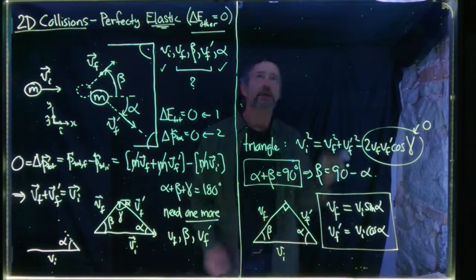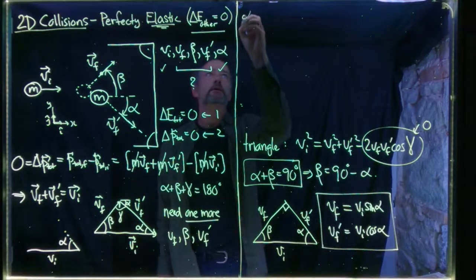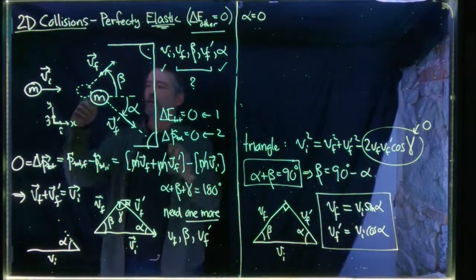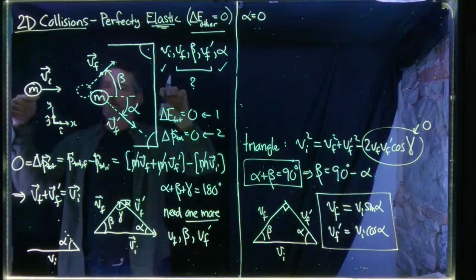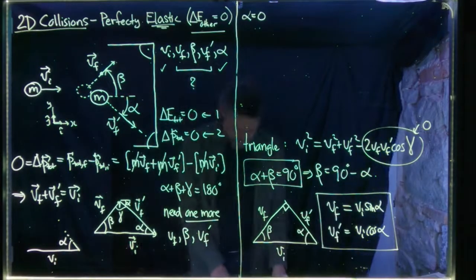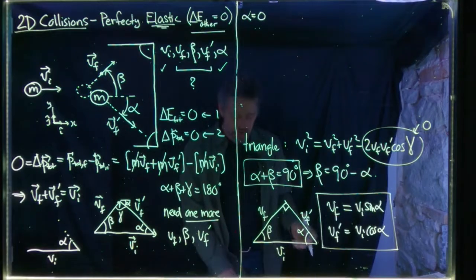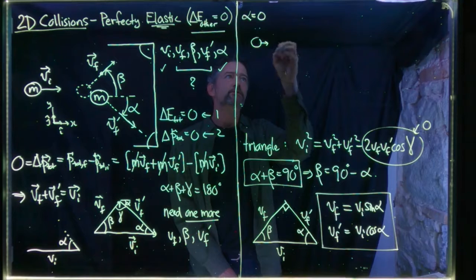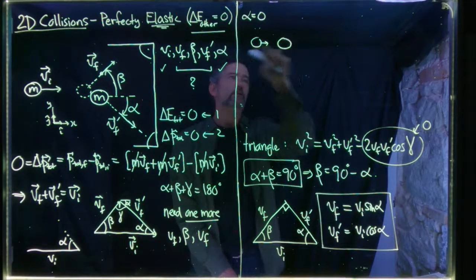So the two special cases are alpha is equal to 0. So alpha equals 0 means that we want the colored ball to take off straight to the right. So the cue ball is coming in, the colored ball comes out. So it's really a one-dimensional collision. So it should reduce to our previous result for a one-dimensional collision. So in this case, the initial situation was we had the cue ball coming in with some velocity to the right, and the colored ball was at rest.